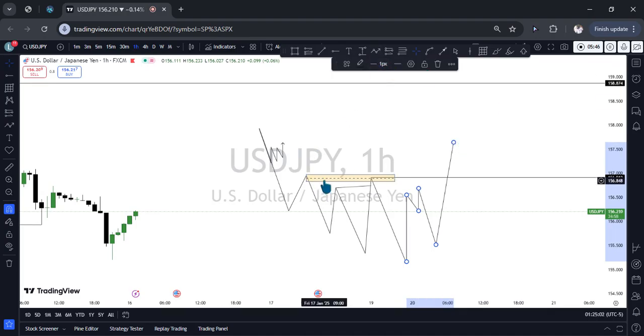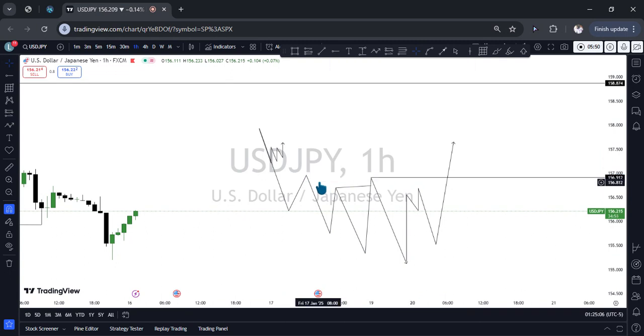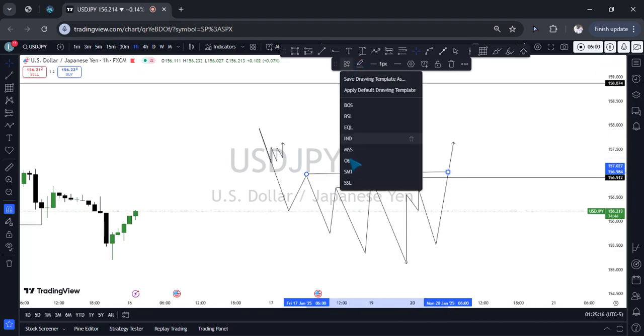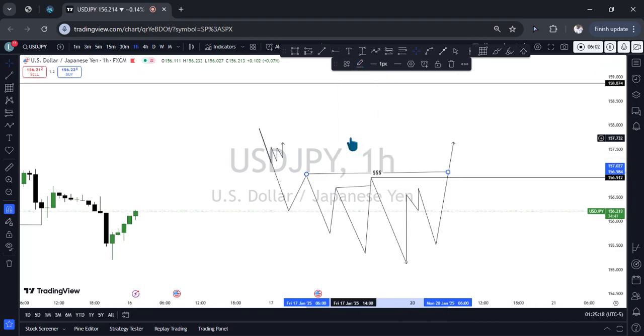And this place will now serve as what? This place will now serve as our liquidity. All these places will now serve as our liquidity for the market to sweep or take.